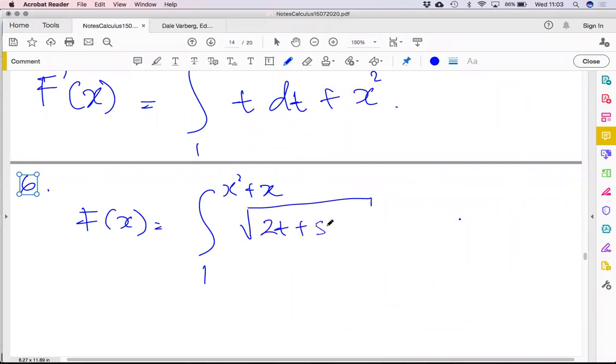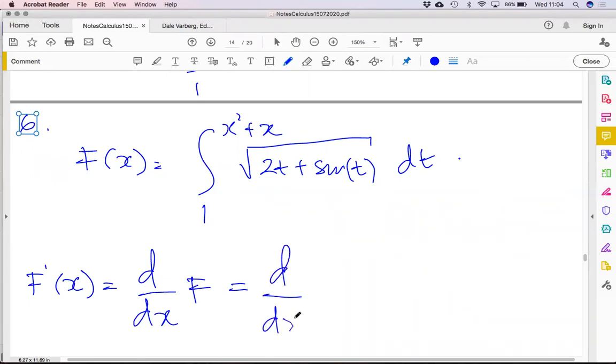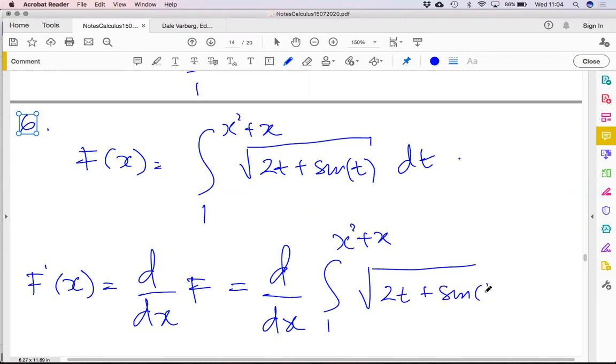Okay, so applying the derivative, it's the same as d/dx of f, and our f is an integral of the square root of 2t plus sin t dt.